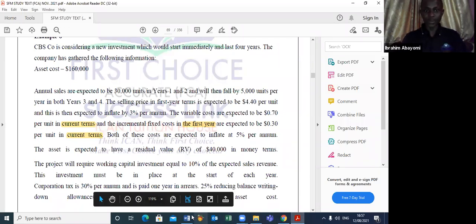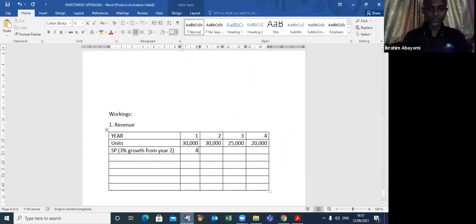So year 1 will be 4.4. Year 2 will now be 4.4 times 1.03, which gives approximately 4.53. Times 1.03 again, I will have 4.67, then times 1.03 again, I have 4.81. These are the selling prices.